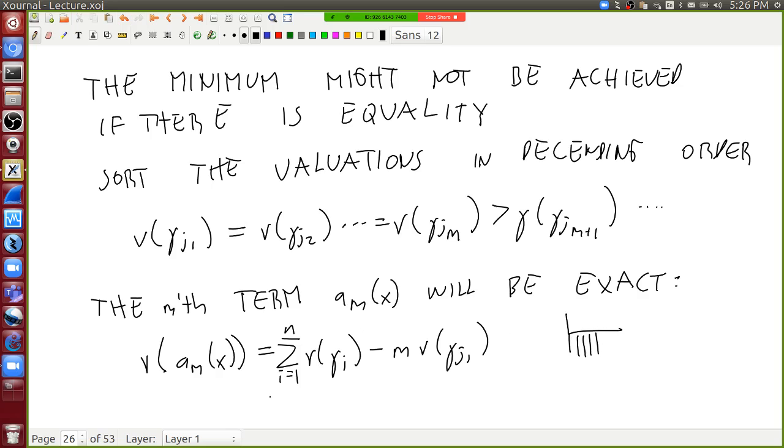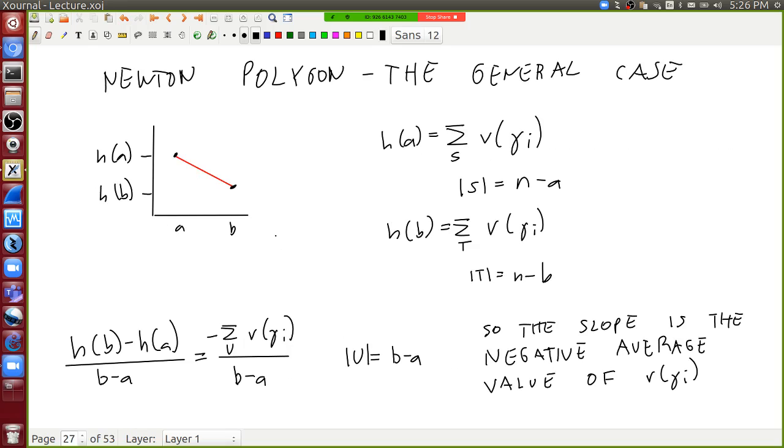That is going to be the sum of all the valuations minus m times whatever this largest valuation is. That means that in the Newton polygon, in the general case, when you step over and down on the Newton polygon, the difference of the height is going to be the difference in the valuations.